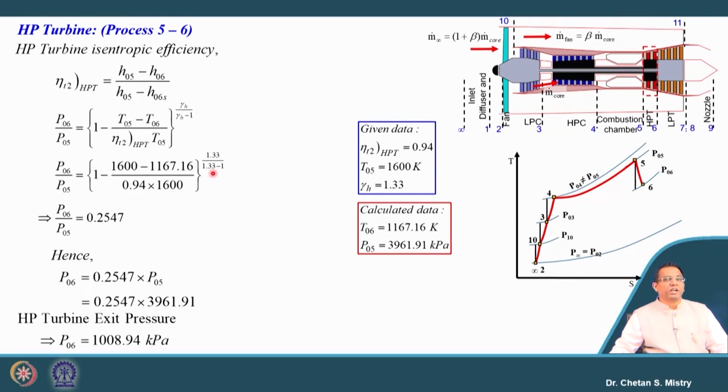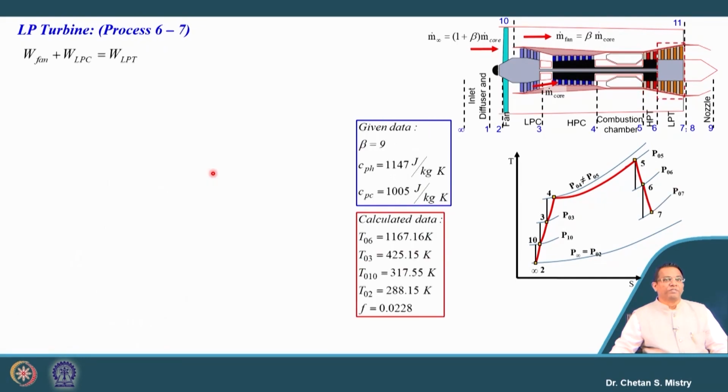Okay. Now, let us move towards the next component, which is the LP turbine. For this LP turbine, we need to be very careful here. Again and again I am telling you, whatever configuration is given, your work balance equation will change accordingly. Here we are discussing that our fan and LP compressor will be rotated by the LP turbine, and that is the reason my work balance is: work consumed by the fan plus work consumed by my LP compressor is equal to work developed by my LP turbine. So, let us try to put this formula.